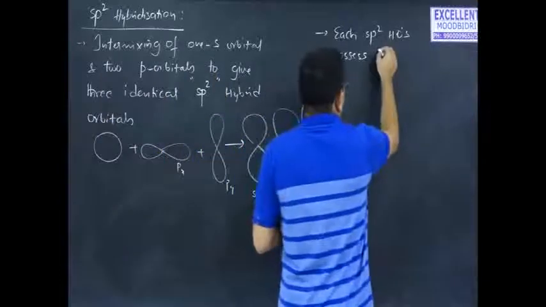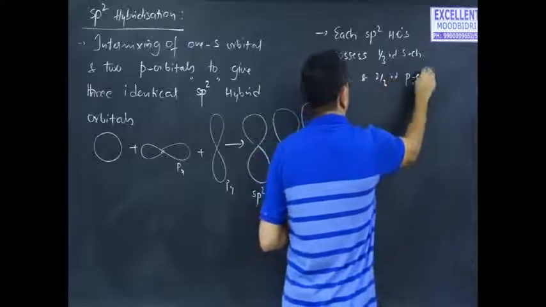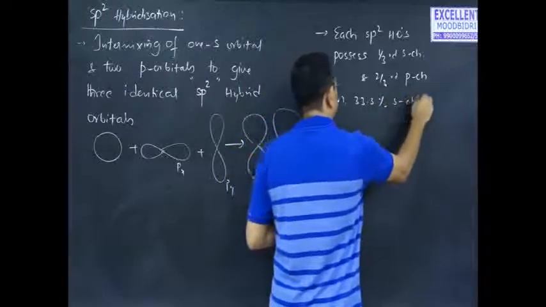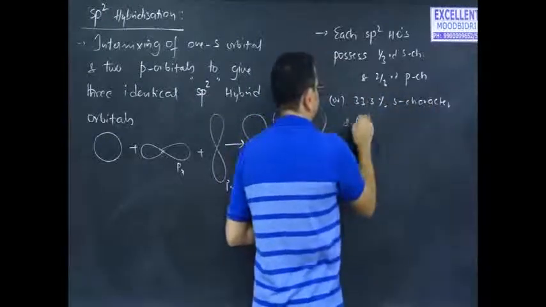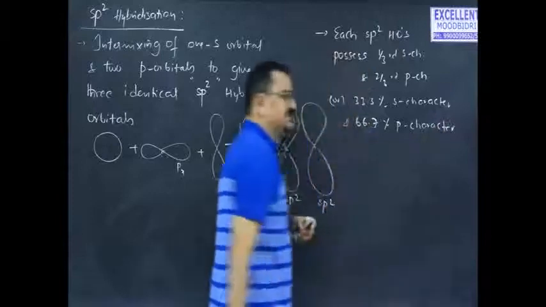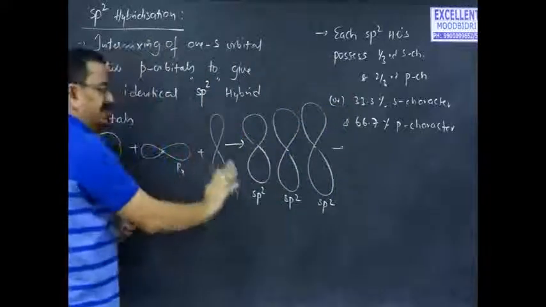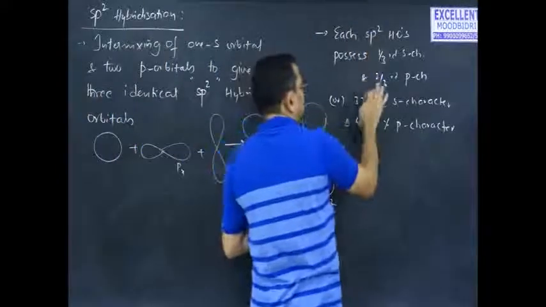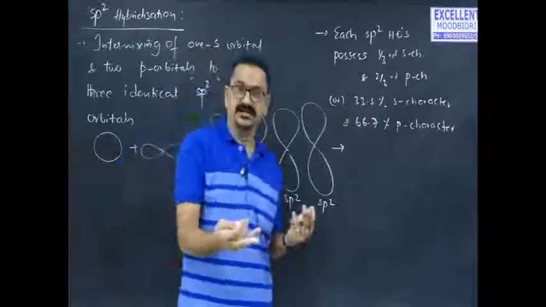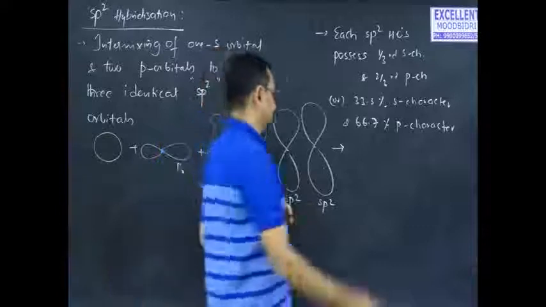That's why they possess one-third s character and two-thirds p character, or 33.3% s character and 66.7% p character. So, this is the definition. This is how they are intermixing and generating, and this is the percentage of s character and p character.